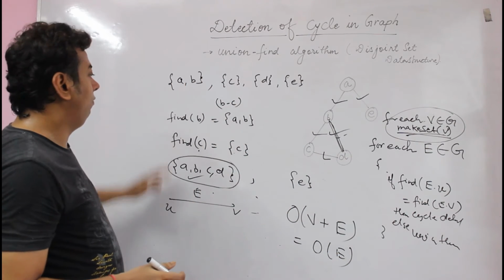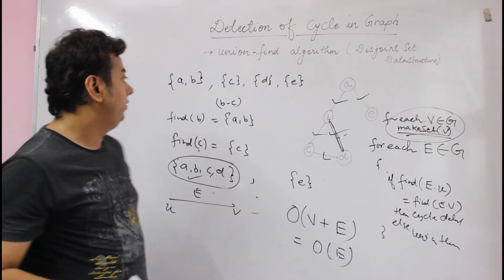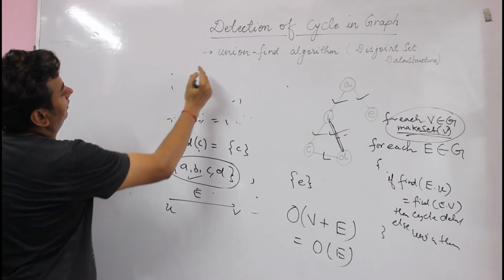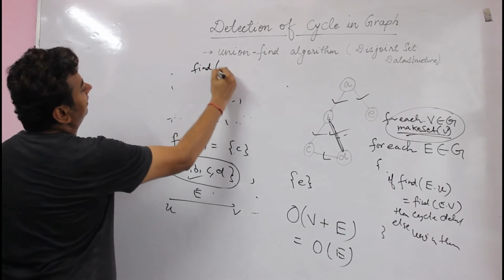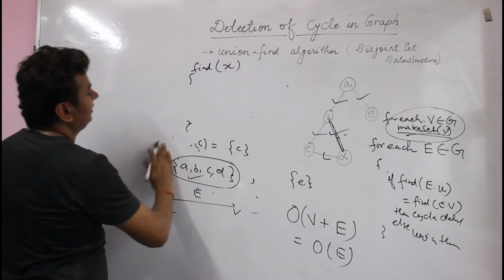One must ask, what is the method find? So find of X, find of any node X, would be what?